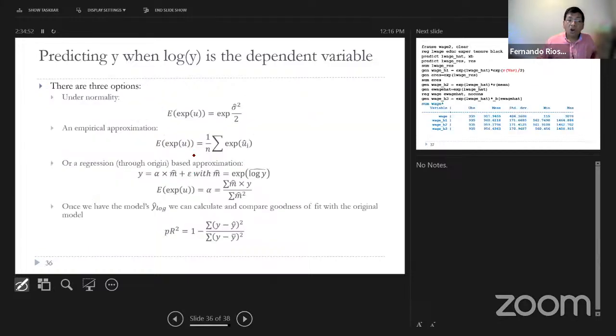So there are going to be three options that you can use to make this kind of prediction, and they depend a lot on the assumptions that we apply to the model.